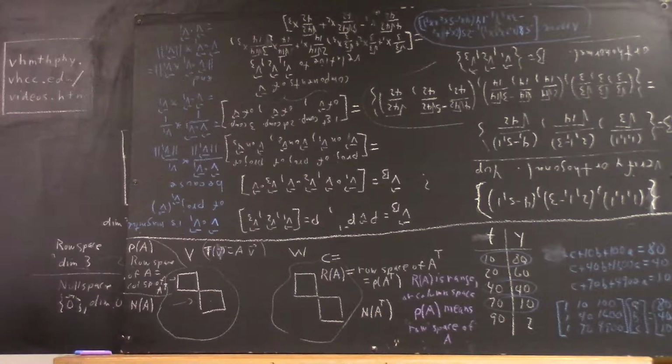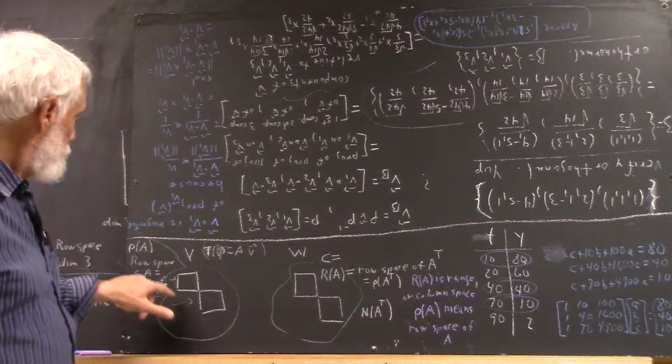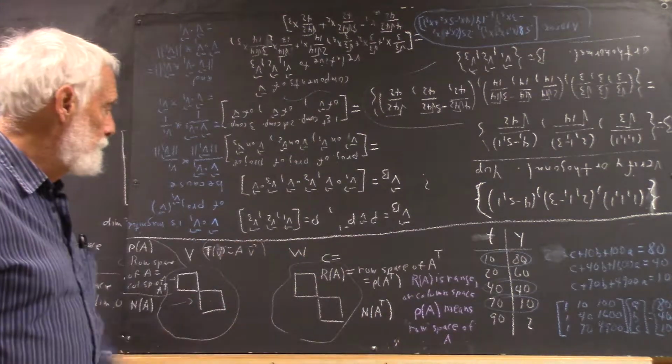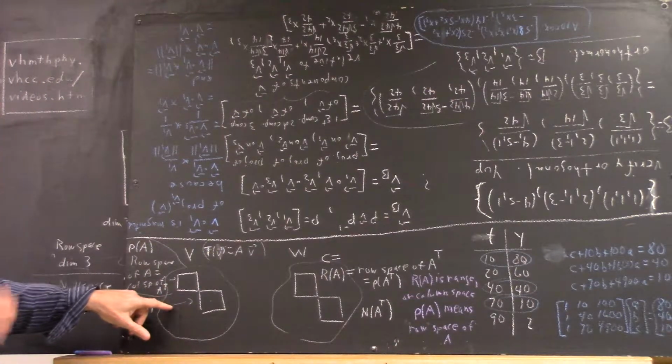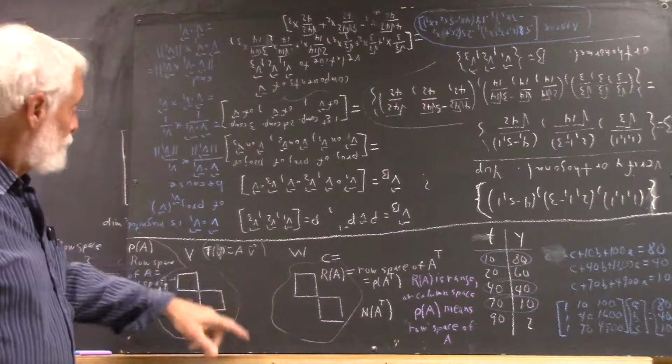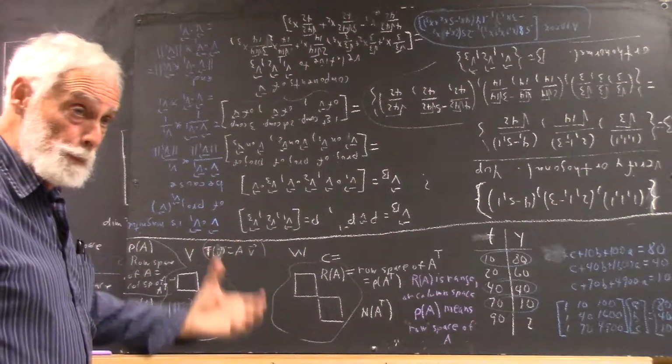So we have the picture of vector space V, vector space W, and a matrix A that maps elements of V to elements of W. Now we can consider A to be a real valued matrix.